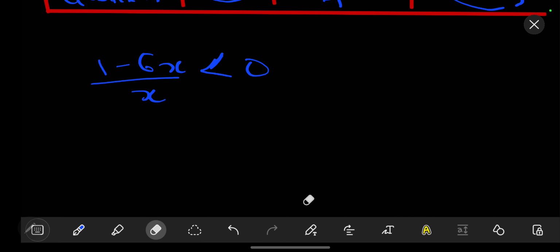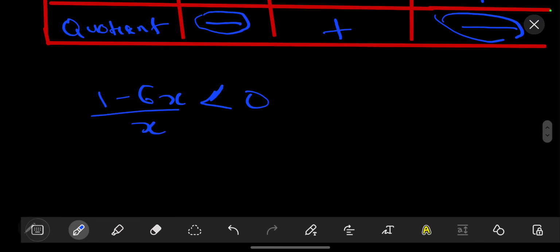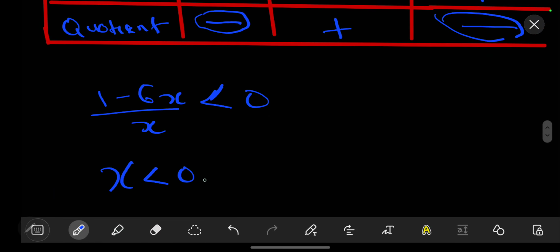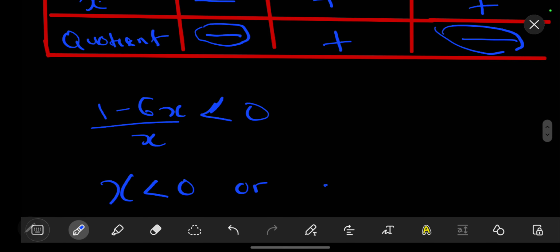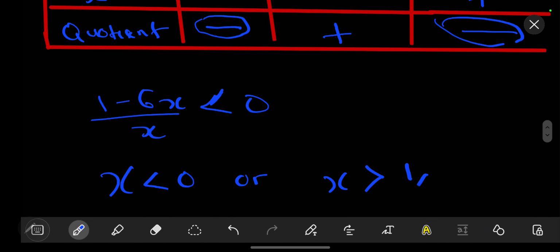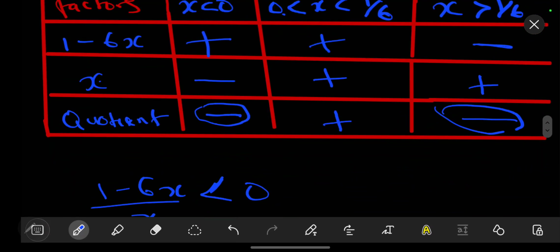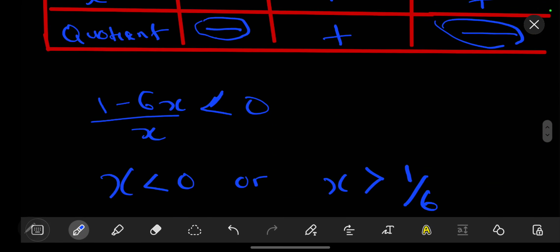How we are going to do it is, we just look at the table saying that at this point the interval is such that x is less than 0. So we are going to say x is less than 0, or x is greater than 1 over 6 like that. If this is what we have, then we are going to write the interval.